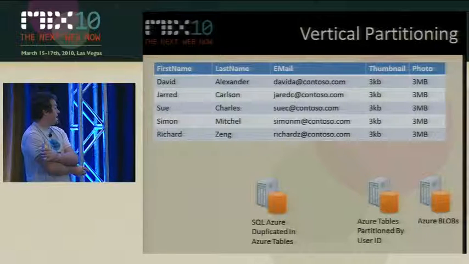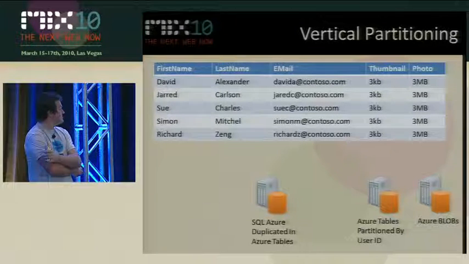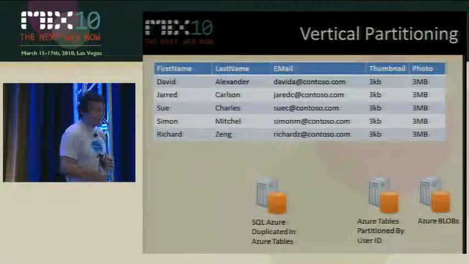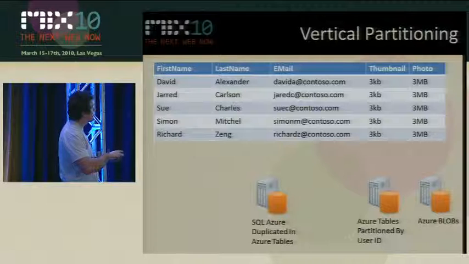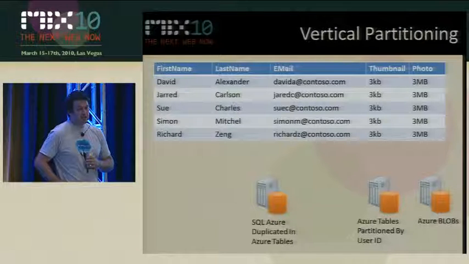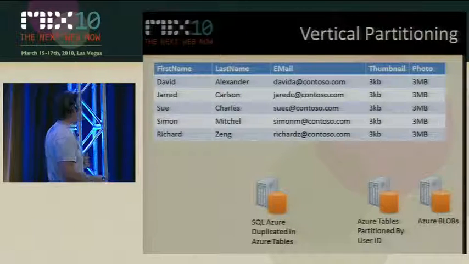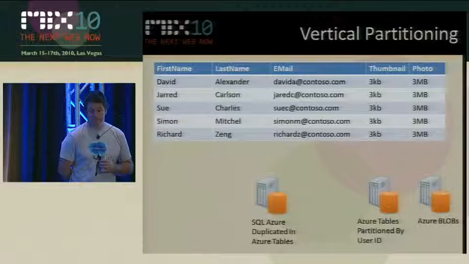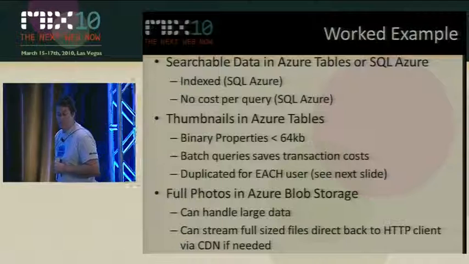I would duplicate that data in Azure Tables, right, along with my thumbnail data. So I'd have both thumbnails and the text data stored in Azure Tables, and the big photos would just go into Azure Blobs. All right?